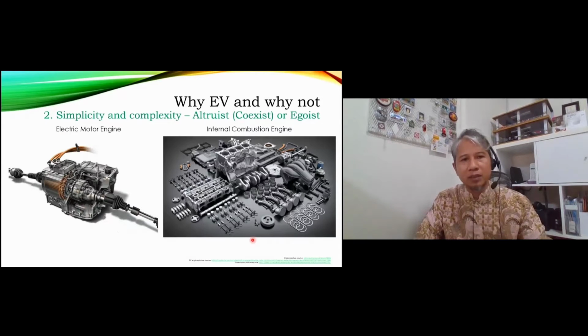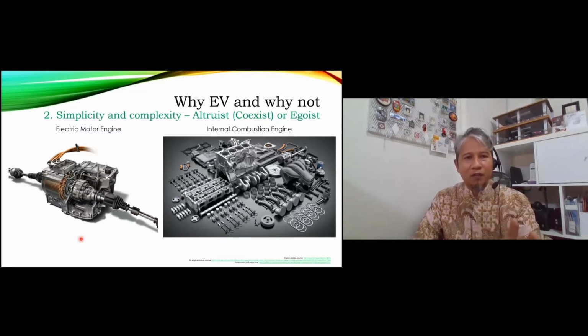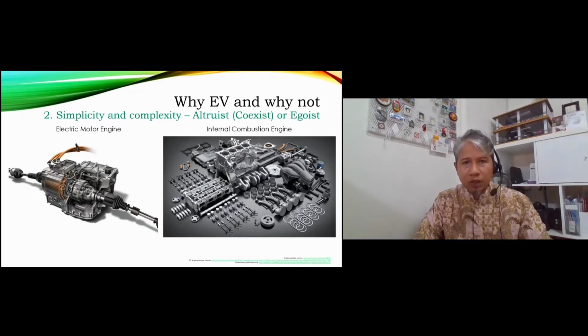How complex is an ICE engine compared to how simple is an EV engine. This is one way of showing a different complexity. There's another way next that I would like to share as well.